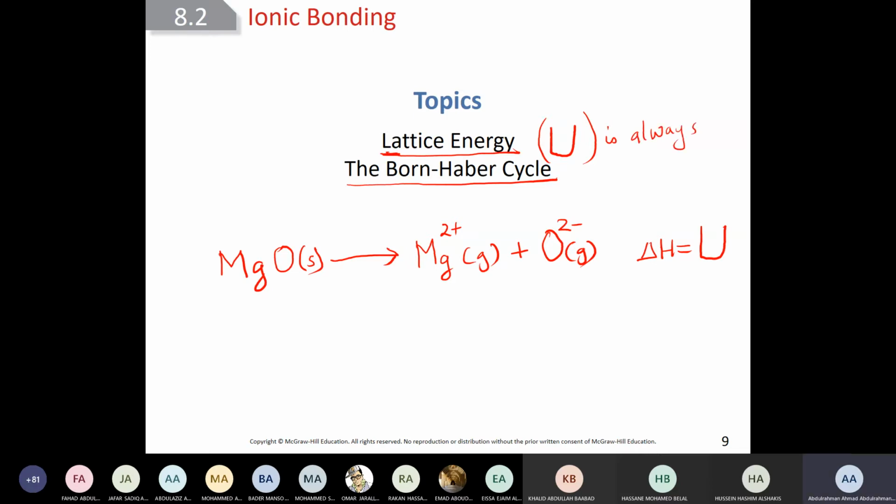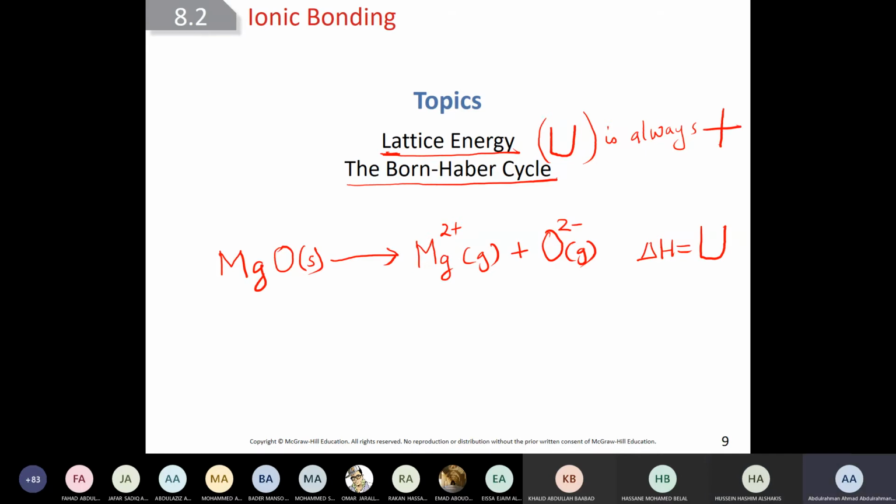Is it positive or negative? Positive. Generally, when you break bonds, then it is always positive. When you make bonds, then it is negative. Is this clear? So between Mg and O, this is always positive.